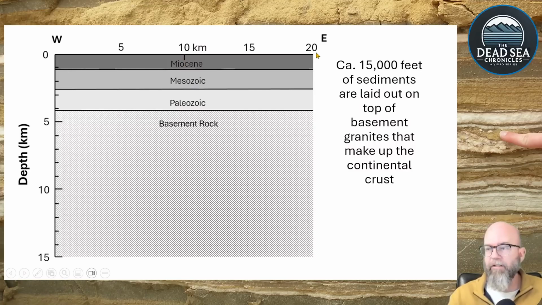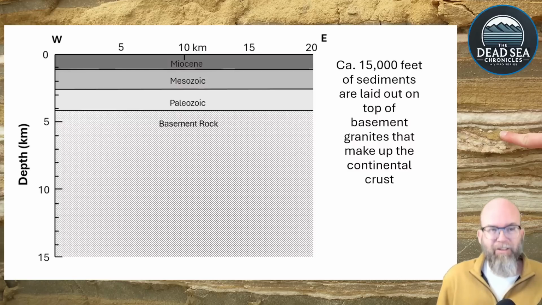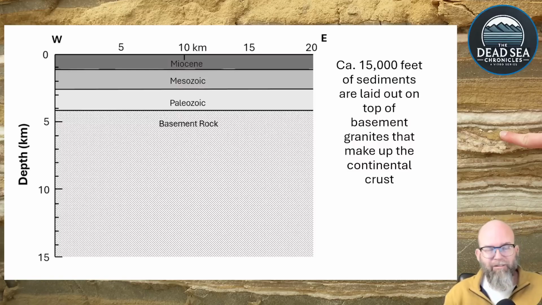And I need to provide some context here. West to east, think of this as Jerusalem over here and then Jordan over here. What we're looking at is a cross section through the Dead Sea region. But the Dead Sea doesn't exist at this point. There's no valley here, no canyon, no Jordan River, and no Dead Sea.